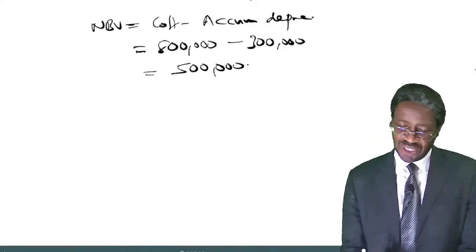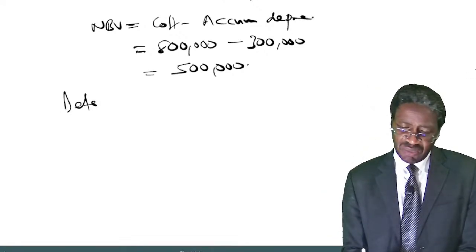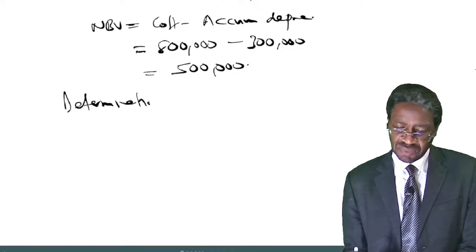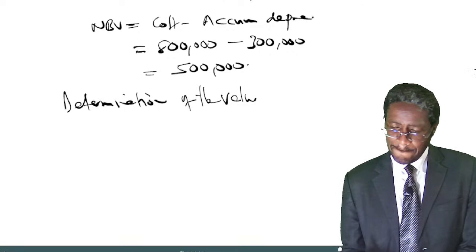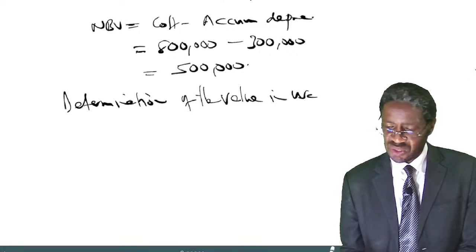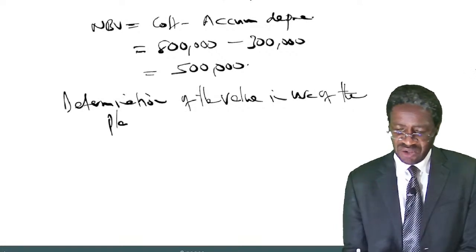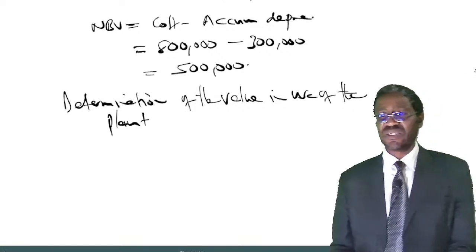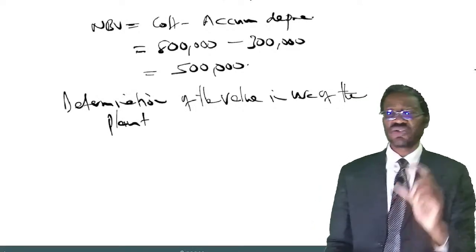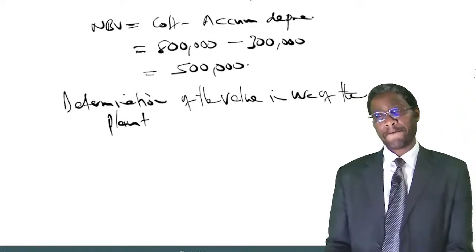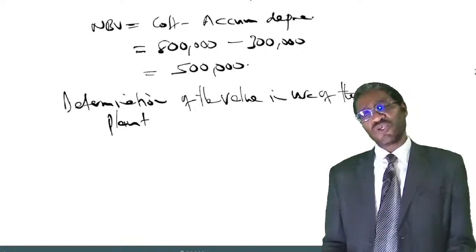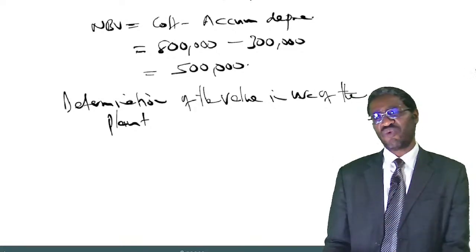So let us put down the workings. Write somewhere: determination of the value in use of the plant. Of course, we want to get the present values of those future cash flows.